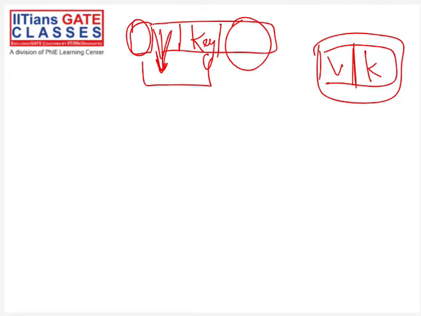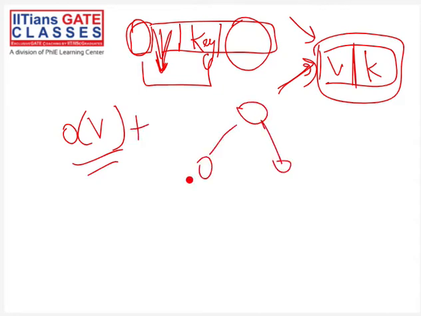Now, can you tell me, if I try to build a min heap out of these, how much time will I take? Only for key values. Remember, only for key values I'm doing it. V, correct? I'll take order of V time. Now see, I have this min heap with me.